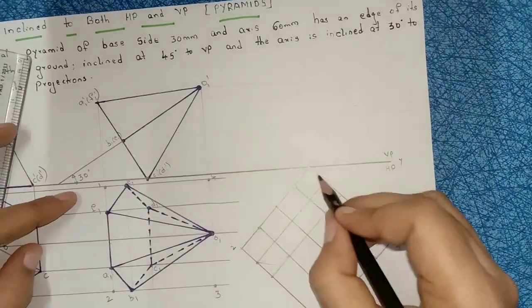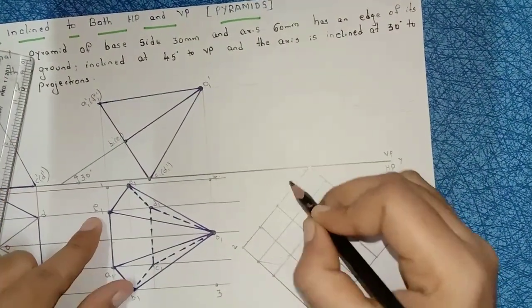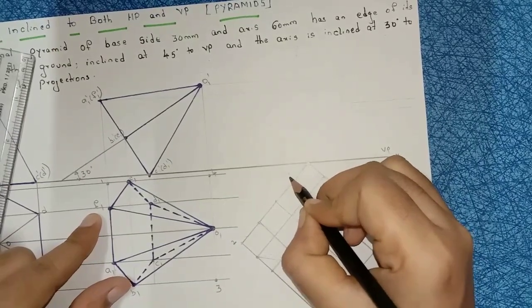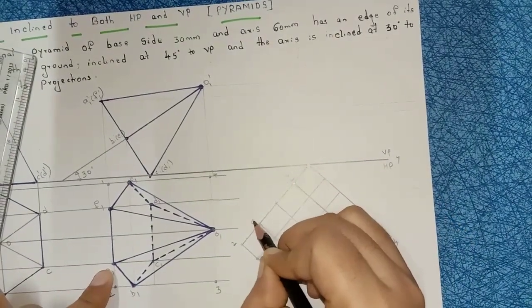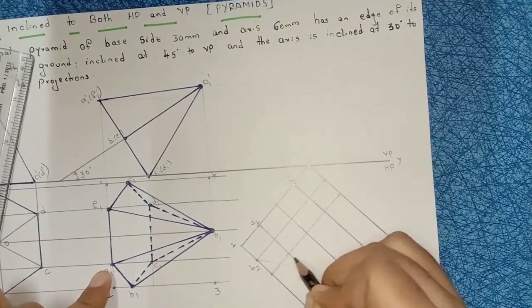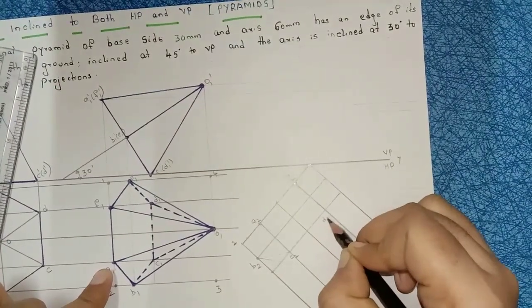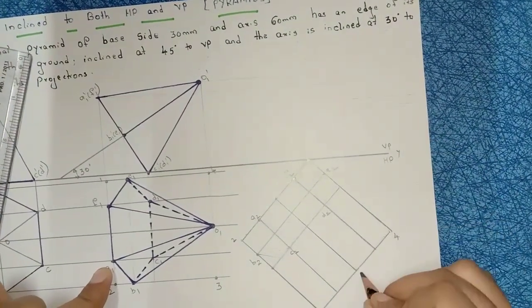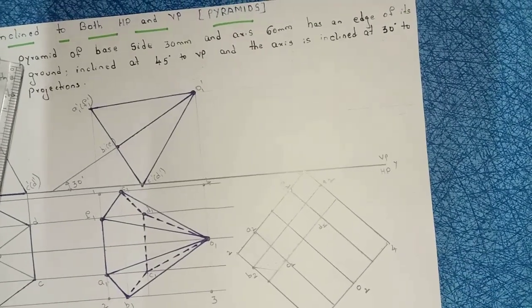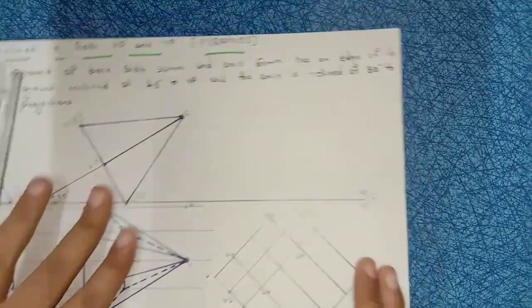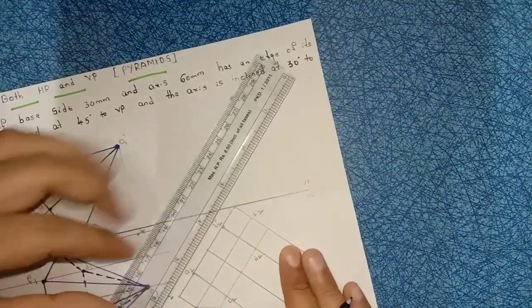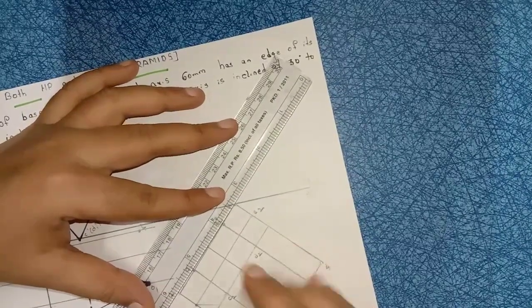Right, so after one point, this is F1. No, I am writing this point as F2. This is A2, B2, C2, D2 and this is here E2. This point is here O2. Right, now join these points A2, B2, C2, D2, E2, F2. You will get the hexagon.